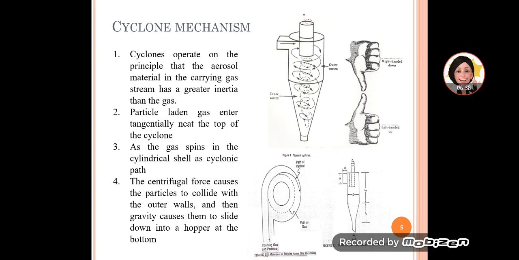Okay, so this is the pathway of the particles. It hits the wall and it follows the wall direction, whereas this is the pathway of the gas, where it is directed like a cylinder.